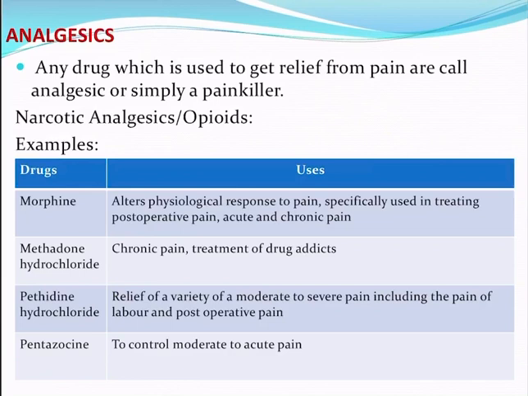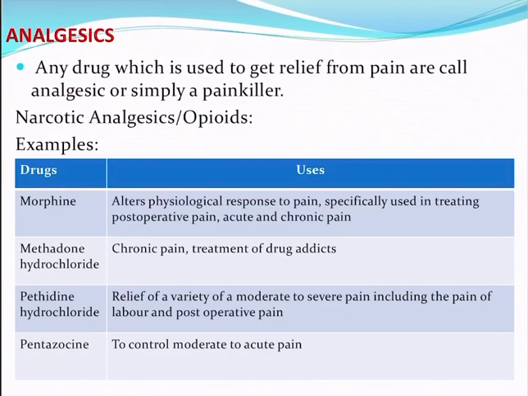So these analgesics can be further classified into two types. One is narcotic analgesics and another one is non-narcotic analgesics. So now let us understand one by one.